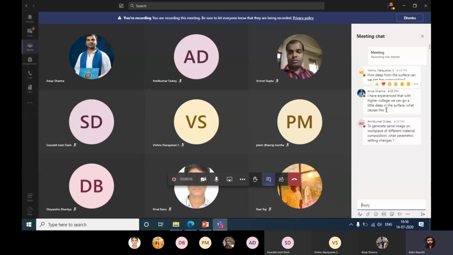Anup, I am not clear what you are saying. Like you also mentioned in the presentation that with higher voltage the resolution gets better, the image becomes clearer, and so.